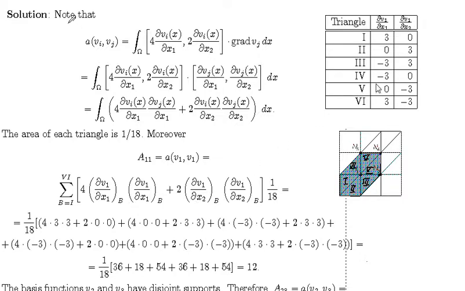The same for this derivative. So then we get 2 times 0 times 0. Now multiplying with the area 1 over 18, we obtain the integral over this triangle.